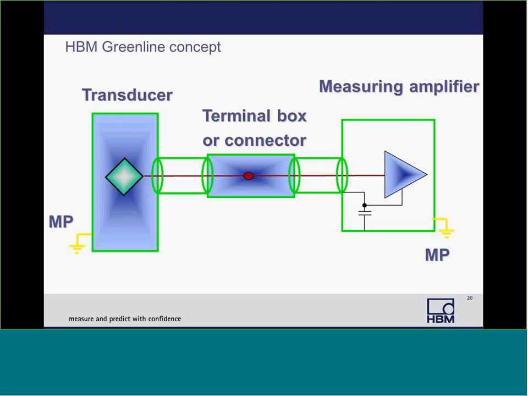Here the Faraday cage is represented by the green lines, and you can see that it fully encloses the transducer, the connection from transducer to the terminal box or connector, and then from there to the amplifier, and once again it is on the amplifier. So typically transducer housings are made of metal, and amplifier housings are also metallic, designed to create their cage.